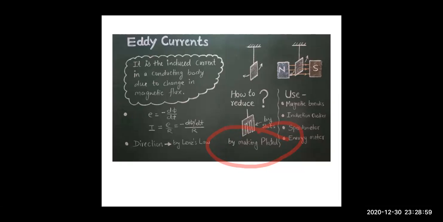So what will happen? Suppose there are very thin sheets we have connected. Let me change the color. Suppose this is a red sheet, then you are having a yellow sheet, then a green sheet, and then a blue sheet, and then a black sheet. So all these are very thin sheets, right? And in between we have provided the insulation.